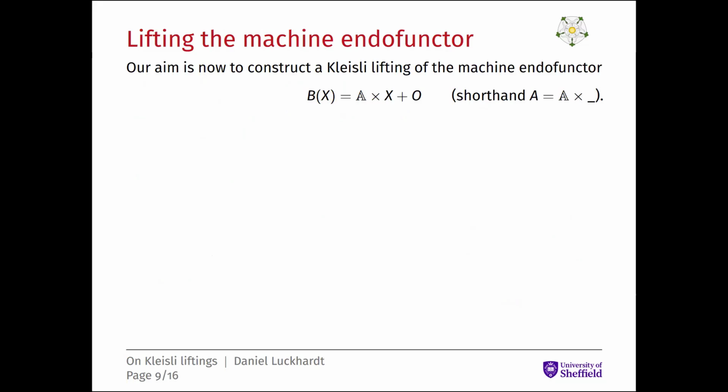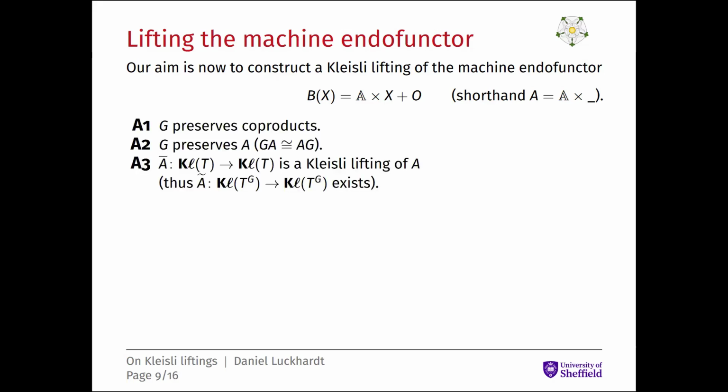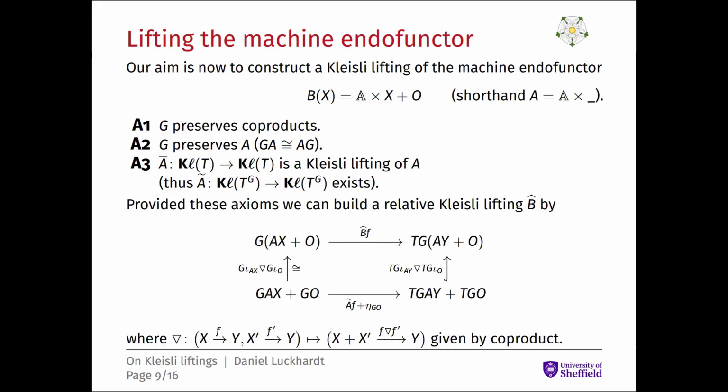So we have to be a bit more careful. Again, what do we want to lift? We are mainly interested in a functor of this kind: multiplication with our actions A plus O, so for language equivalence, the singleton. And we actually found three axioms under which it's doable. First is that G preserves coproducts. So by this we can go from this guy to the guy here downstairs.